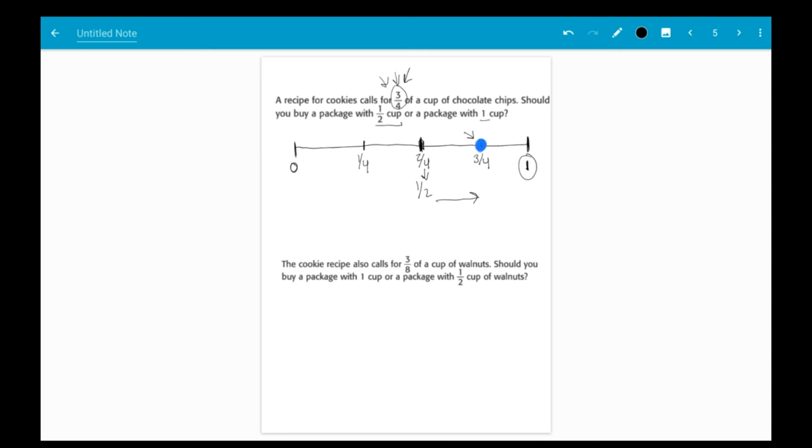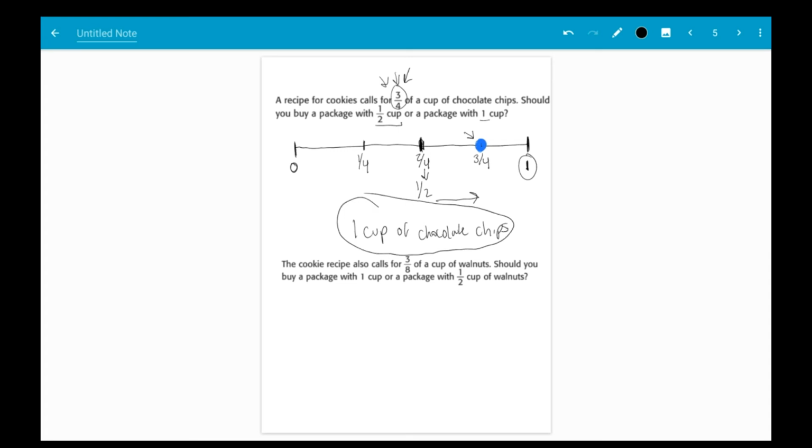So clearly, when you go to the supermarket, you want to buy 1 cup of chocolate chips. Because if you buy 1/2 a cup, that wouldn't be enough. You'll need more, and you won't be following the recipe correctly. Your cookies could come out not as you expected, and that's not what we want. So 1 cup of chocolate chips.